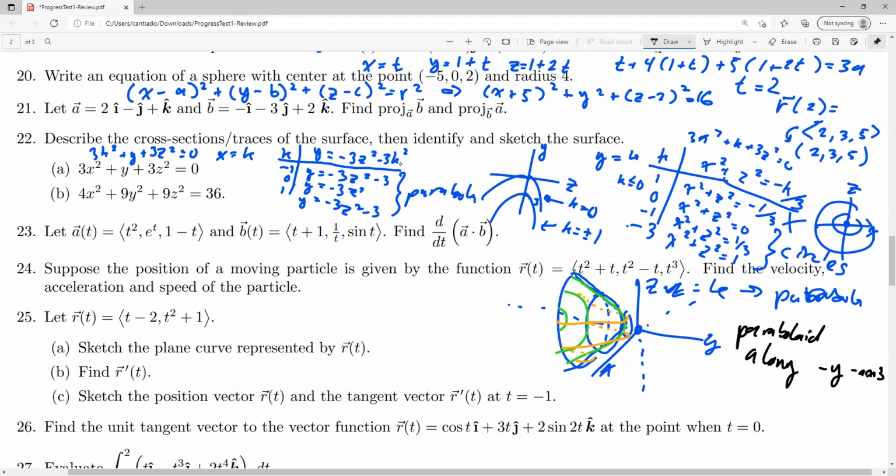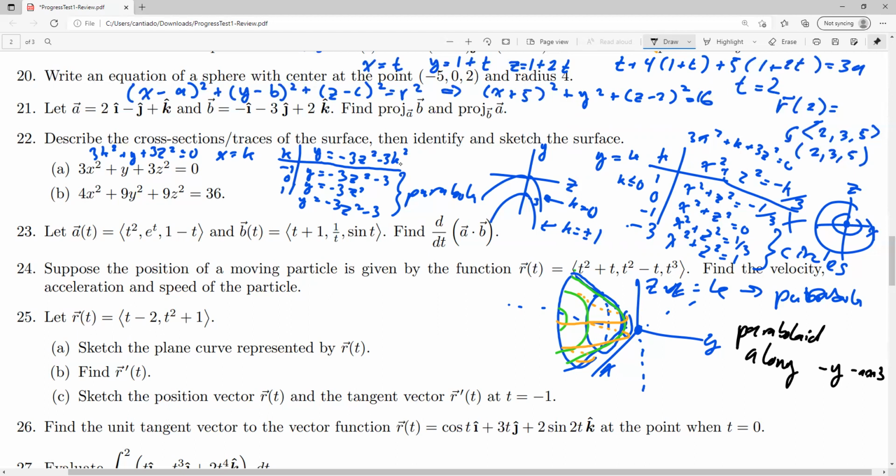Yeah, so this is the process you'd go about doing it. I know conceptually, sometimes it's a little hard to understand, but you can at least get your points for describing the cross sections by, again, taking each variable. We first started with x, set it equal to a constant k, play around with the constant, just change the numbers a bit, and then try to simplify the equation in such a way that you get something that you recognize.